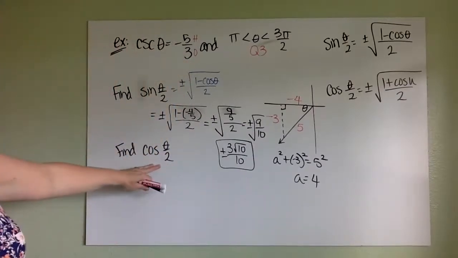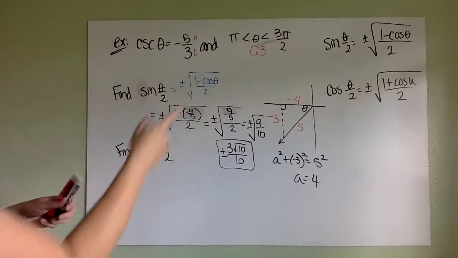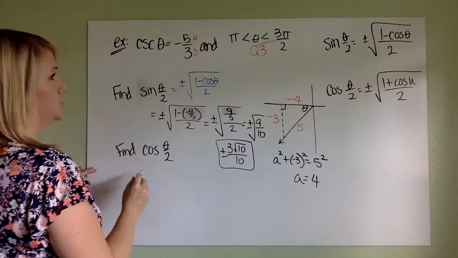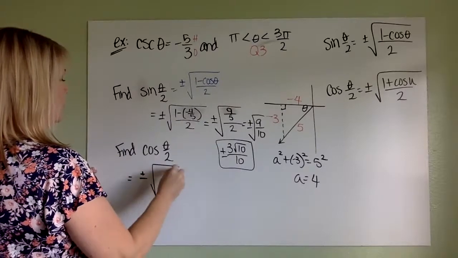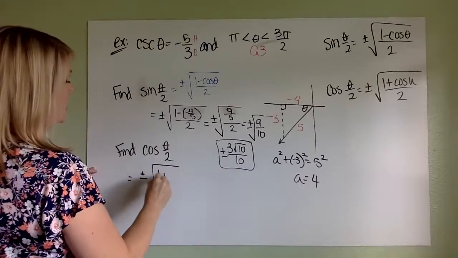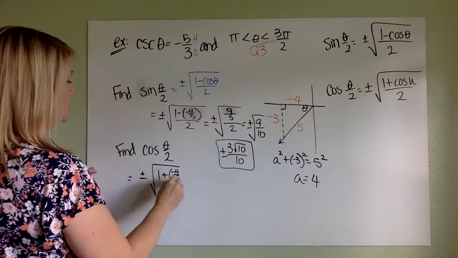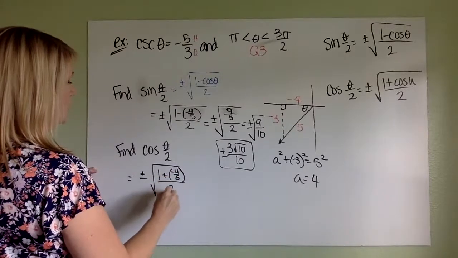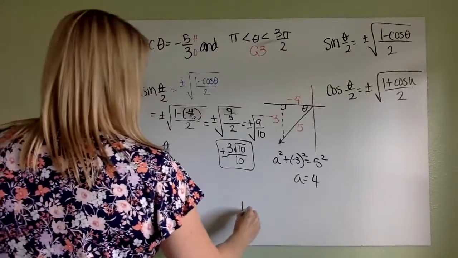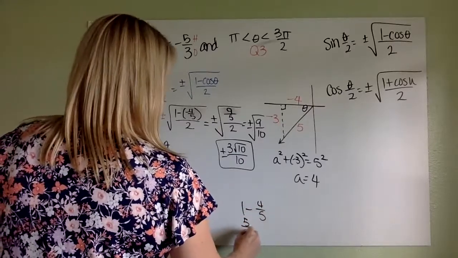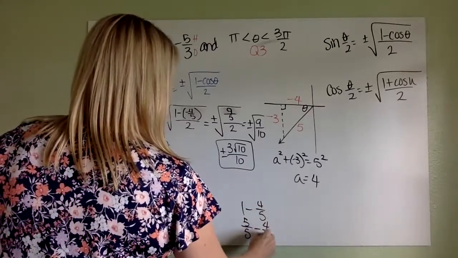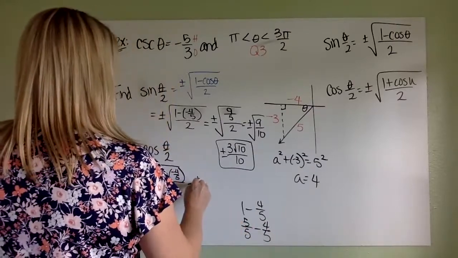Okay. So we're going to do the same thing for the other one. It's going to be very similar, right? The formulas look very similar. The difference is the minus and the plus. So plus or minus the square root. In this case, we're adding the negative 4/5 to the 1. So 1 minus 4/5, or adding a negative 4/5. 5/5 minus 4/5 leaves me with 1/5.